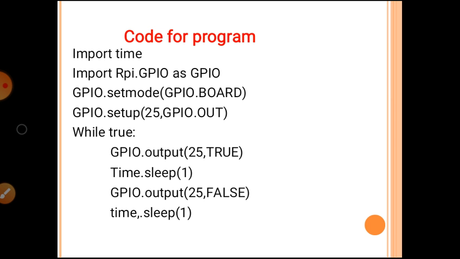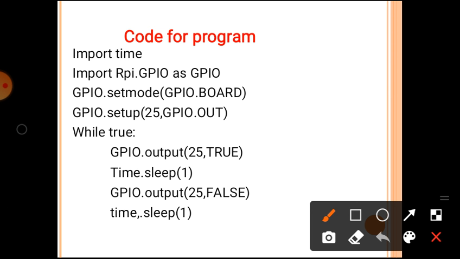Here the code for LED blinking is given. Here we first import the time library. Then we import our GPIO library. We can import the GPIO library by writing import RPi.GPIO as GPIO. RPi means Raspberry Pi. Then we select the set mode of GPIO.